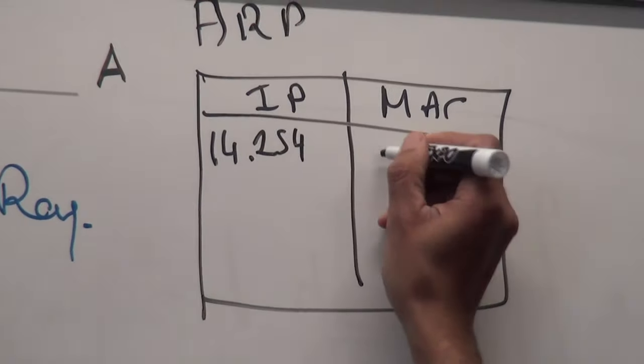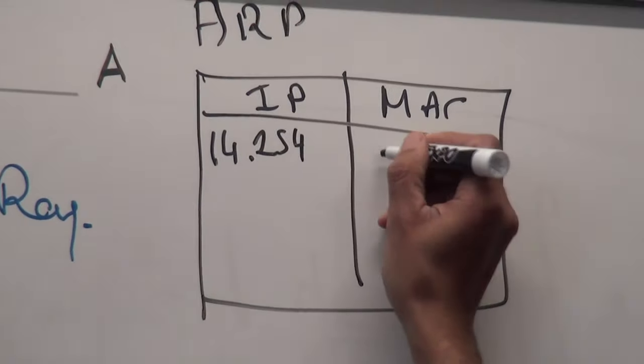Why does it not appear on 2? Because the bridge knows that EX1 is on segment 1. So you see the bridge is now filtering and isolating the traffic. If it's not needed, we should not send it there. So it will appear on 1.